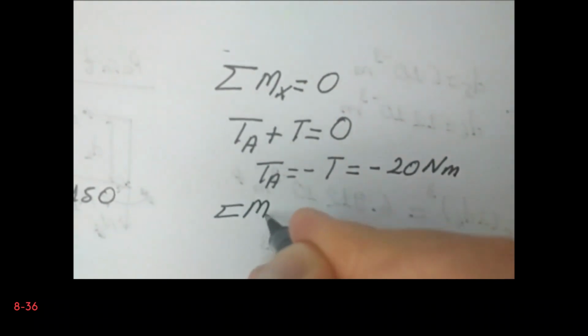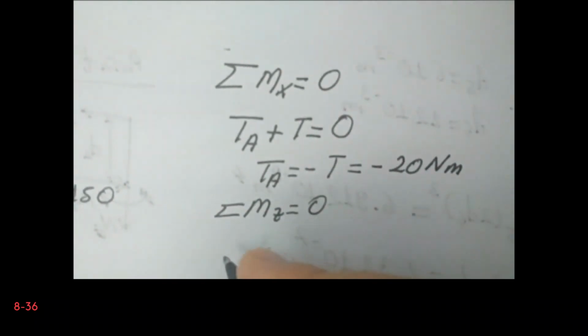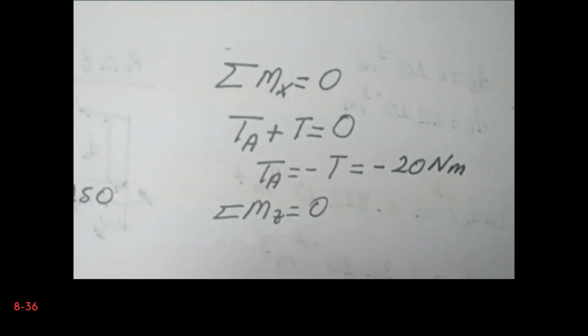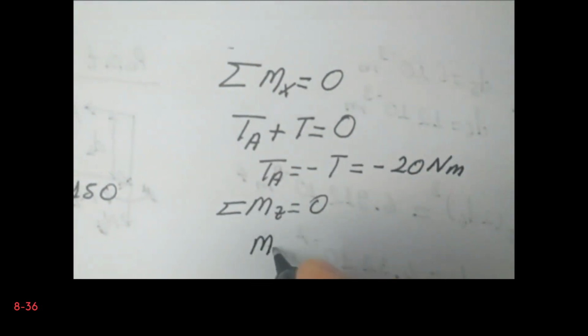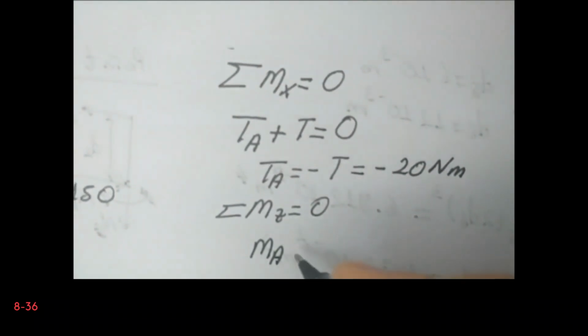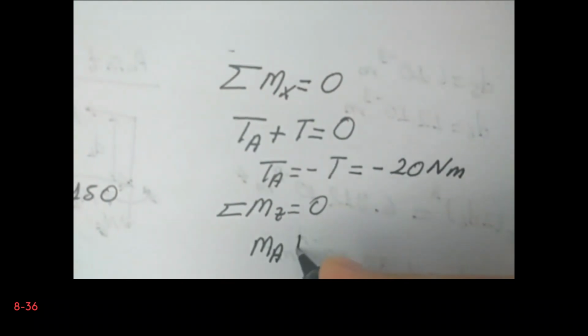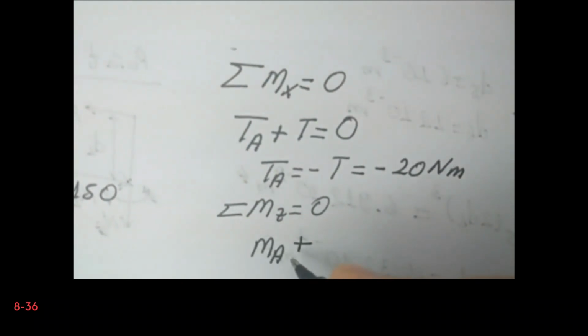Remember that the positive Z direction is always towards us, so MA is positive, the reaction moment on the wall, and this has to be compensated by the force generated by the handle. So that is F.